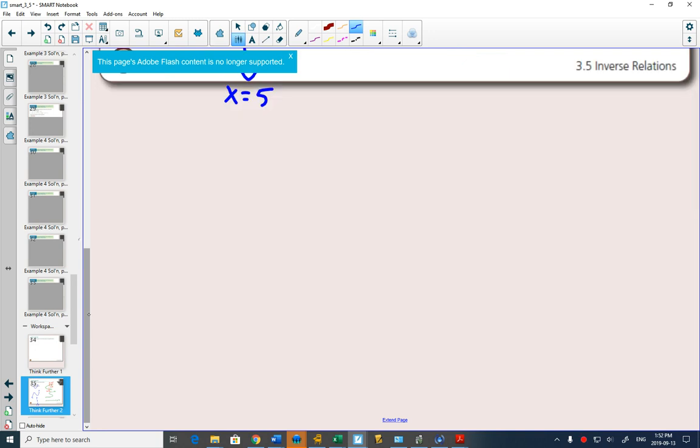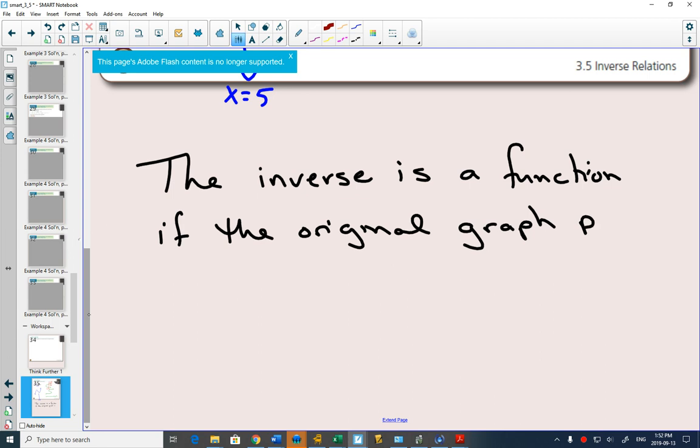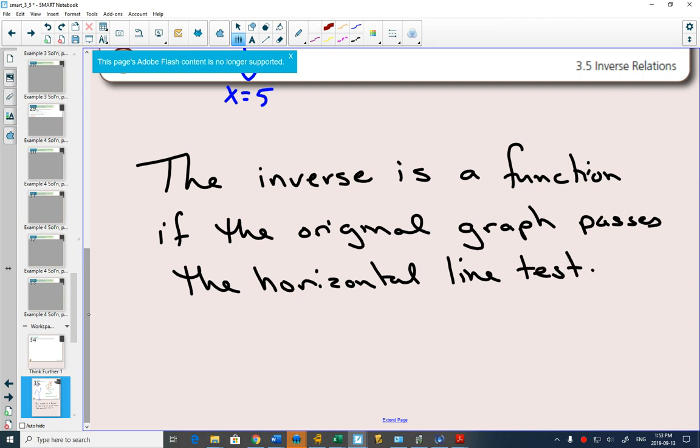We can write: the inverse is a function if the original graph passes a horizontal line test, then the inverse will pass the vertical line test.